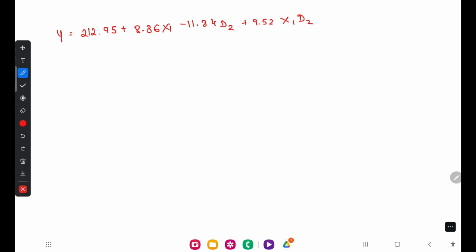So here y is the value of the house. X1 represents the house size.